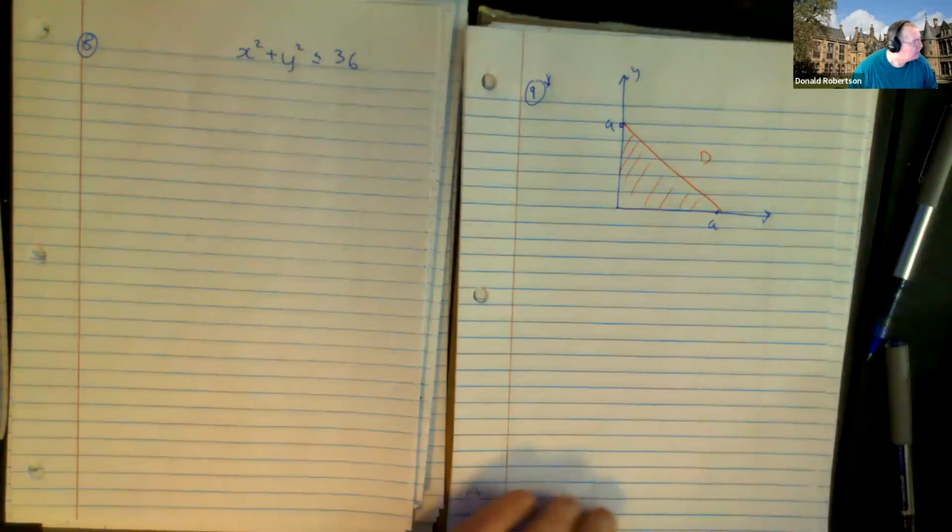Find the center of mass of a shape that is an isosceles right triangle with equal sides of length A. See figure below. A and A. Okay.